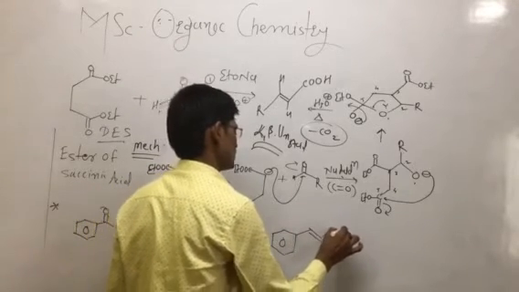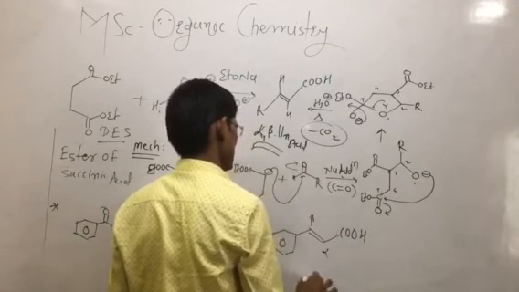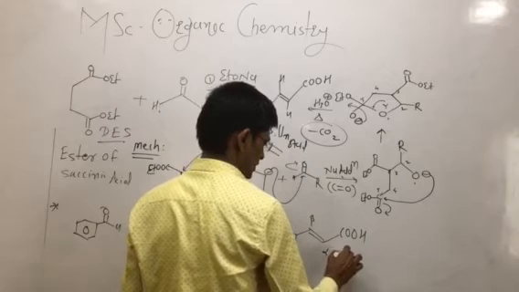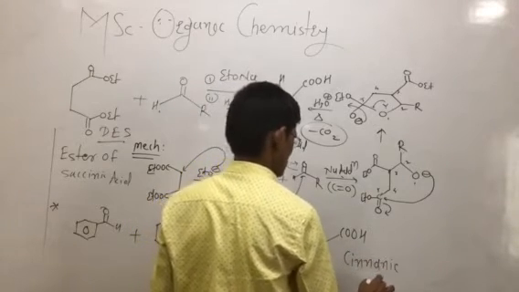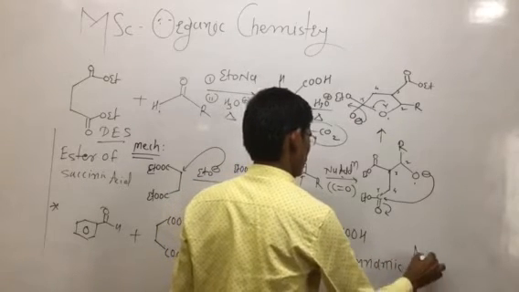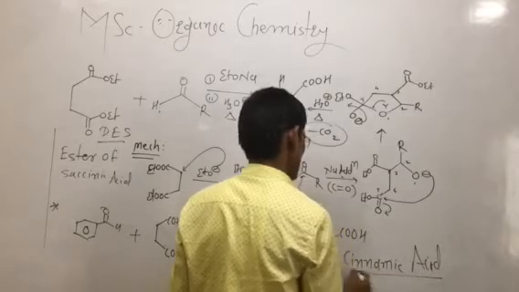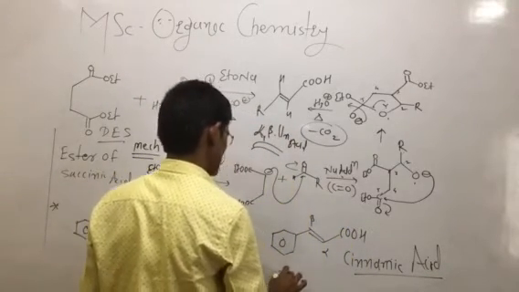Alpha beta unsaturated acid, that is, as you can see, cinnamic acid. Formation of cinnamic acid, this is an alpha beta unsaturated acid.